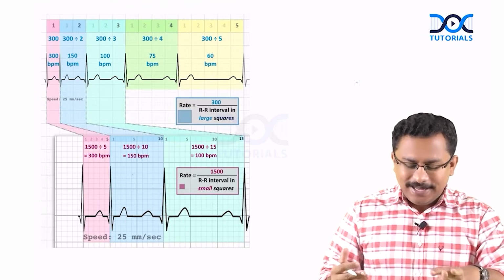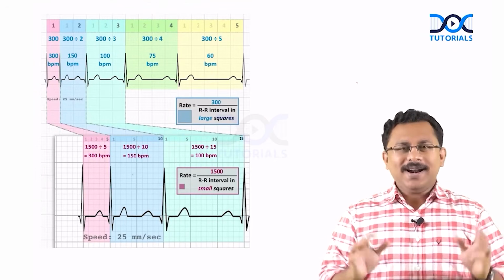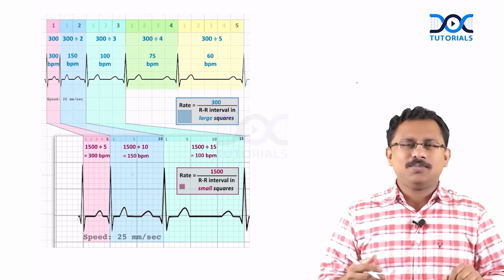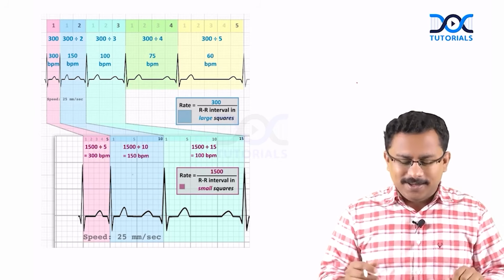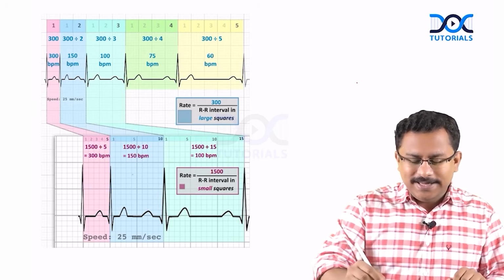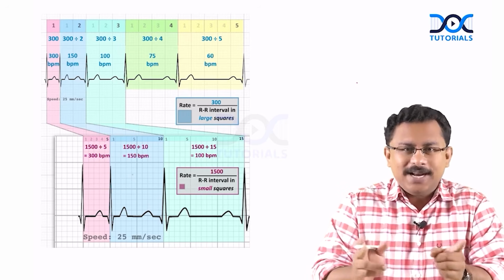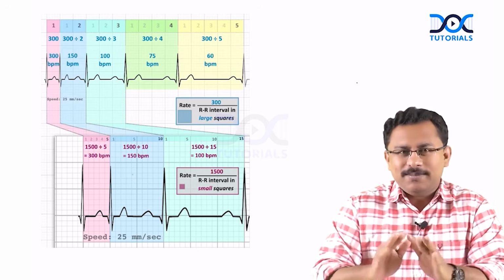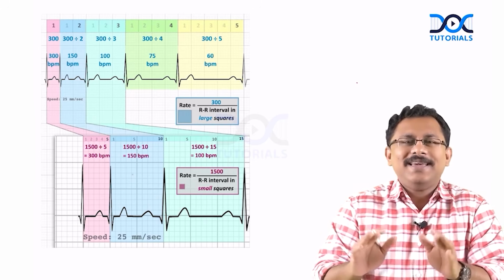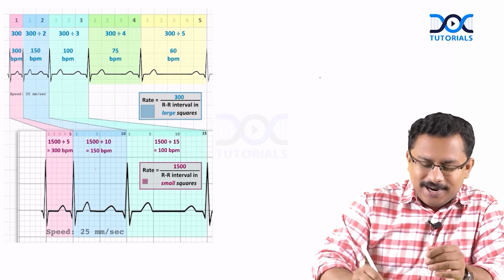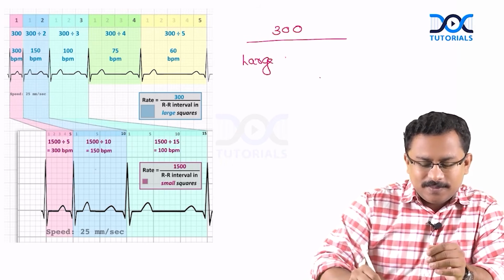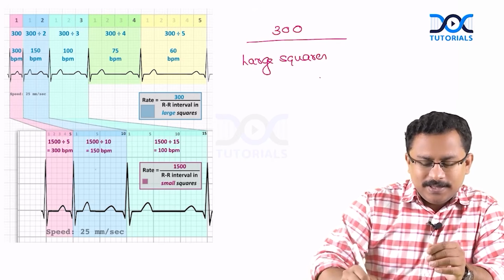So let's try to calculate the heart rate. You can calculate it in two ways. Both are essentially the same method. One method is to calculate the number of large boxes between two subsequent R waves, in a regular beating rhythm. So 300 divided by the number of large squares in the RR interval.